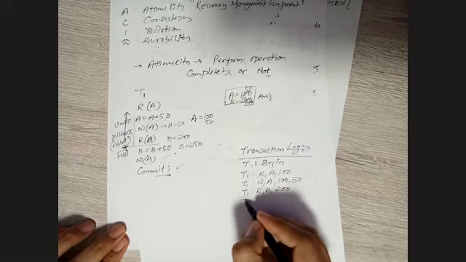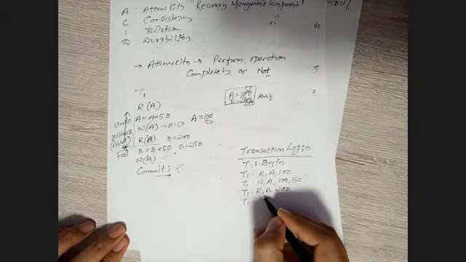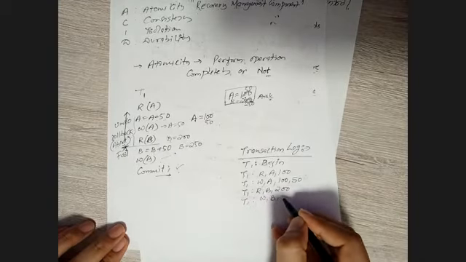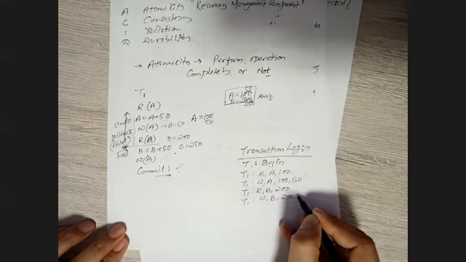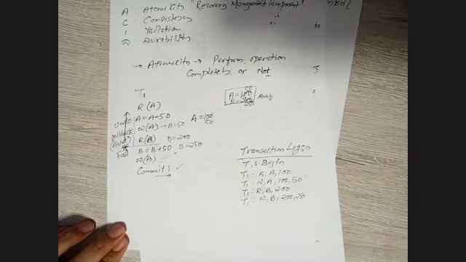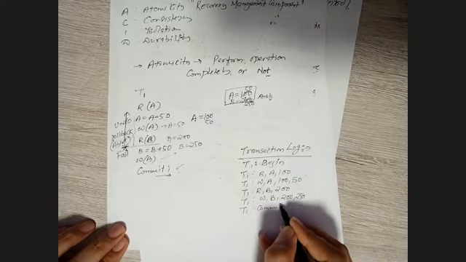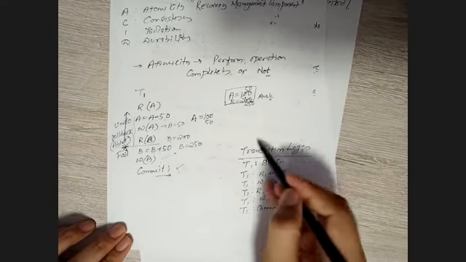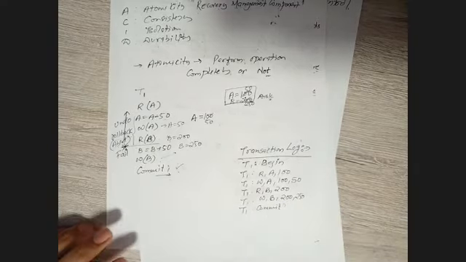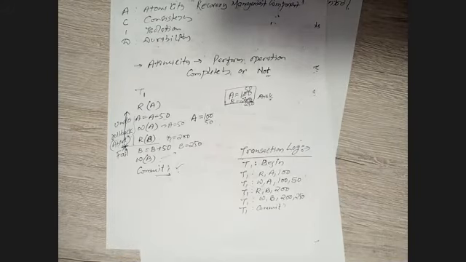Then T1 performs a write operation over B: initially the value was 200 and it changed to 250. And then transaction T1 committed. This is the complete record maintained whenever we perform a transaction.